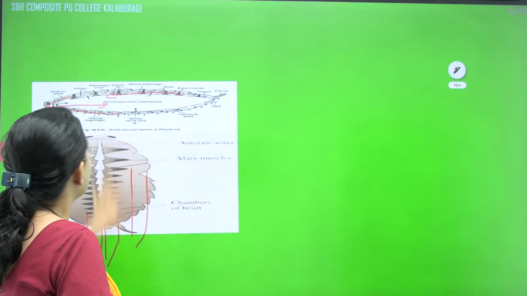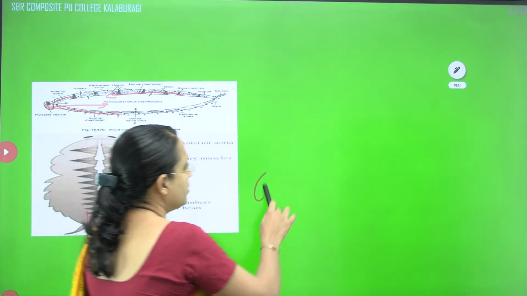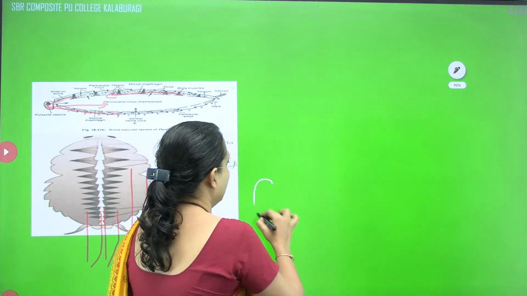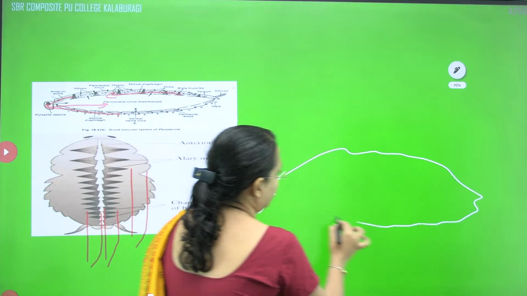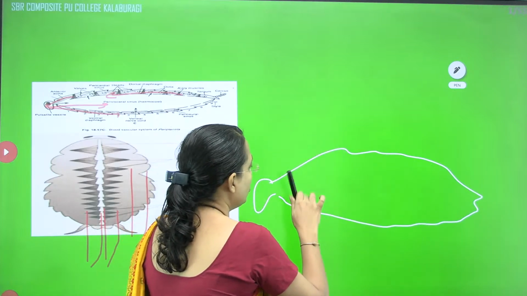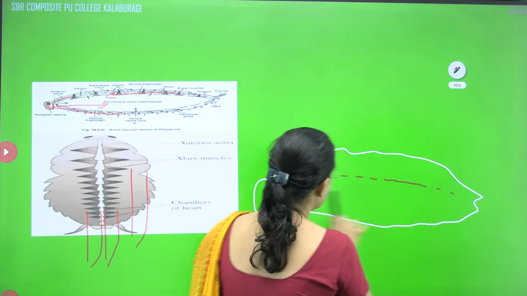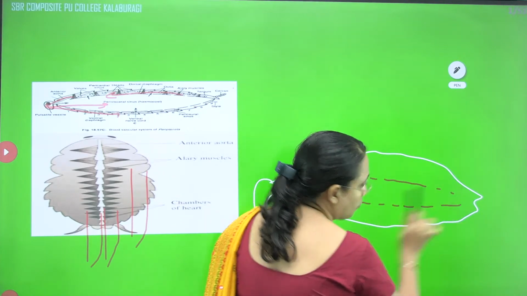Okay. So there are two separations. That means the cockroach has two diaphragms. That is the dorsal diaphragm, which is highly porous, and the ventral diaphragm, which is also porous.